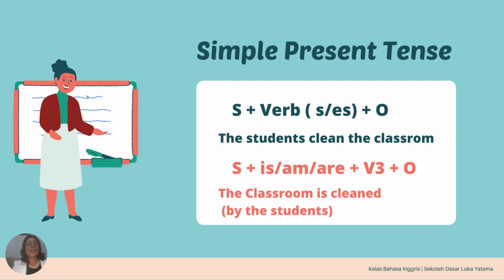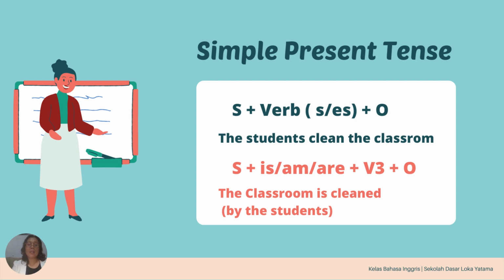And since we don't really focus on the doer, we have to put by the students if you really want to inform who the doer is. Okay, so the classroom is cleaned by the students. Here is the simple present tense.